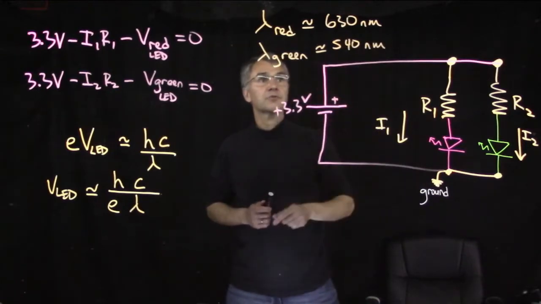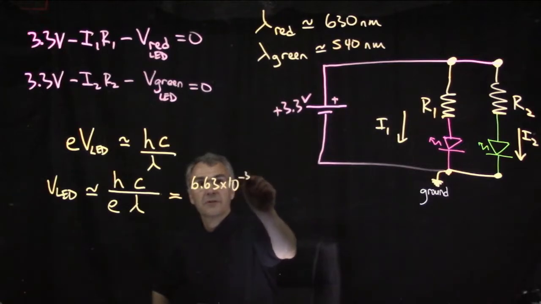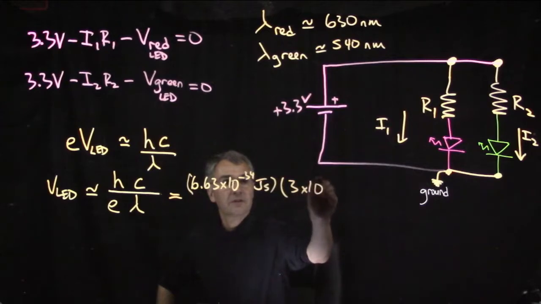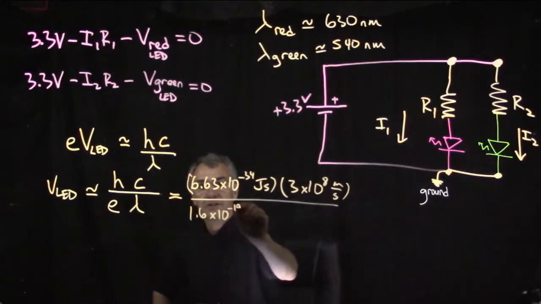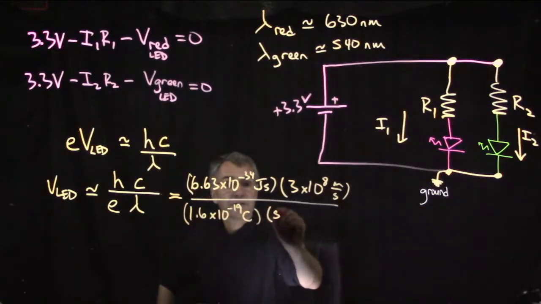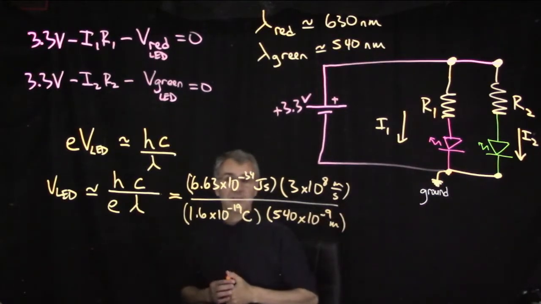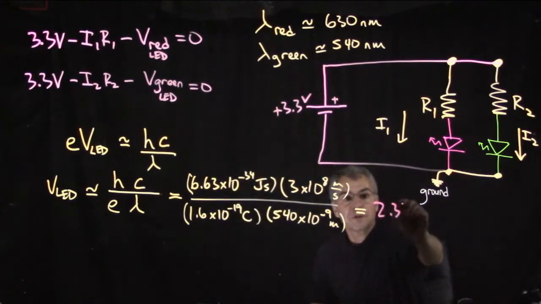Let's plug in the number for green. 6.63 times 10 to the minus 34 joule seconds is Planck's constant. 3 times 10 to the 8th meters per second is the speed of light. 1.602 times 10 to the minus 19 coulombs is the fundamental electric charge, and 540 times 10 to the minus 9 meters is a reasonable value for a wavelength of green, and that gives us about 2.3 volts.